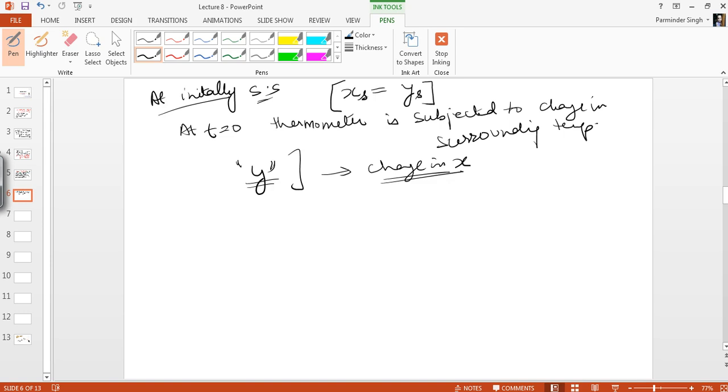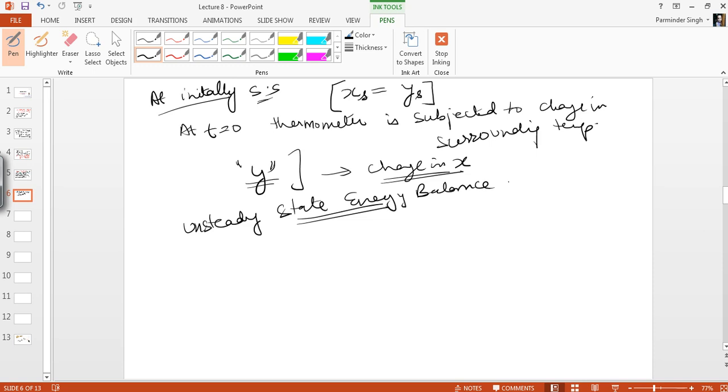Now we have assumed this on the basis of the assumptions. If the surrounding temperature changes, obviously initially we'll have some heat transfer occurring. So we're going to apply the unsteady state energy balance, because when X changes, when the temperature varies, there will be a heat transfer.